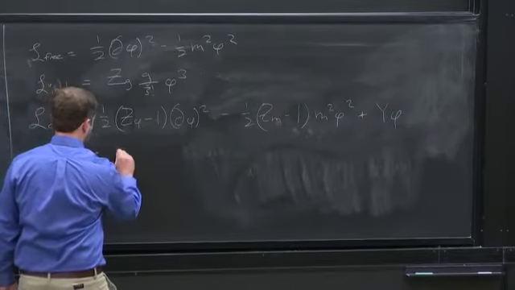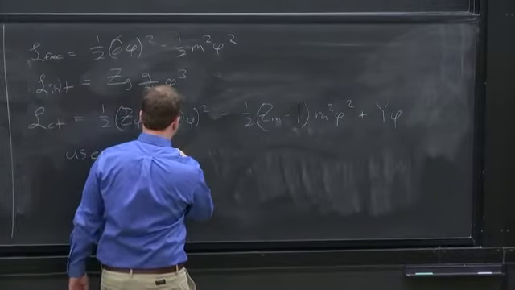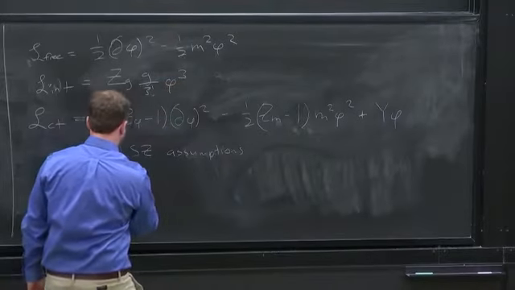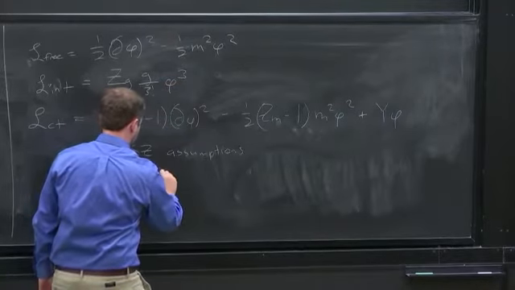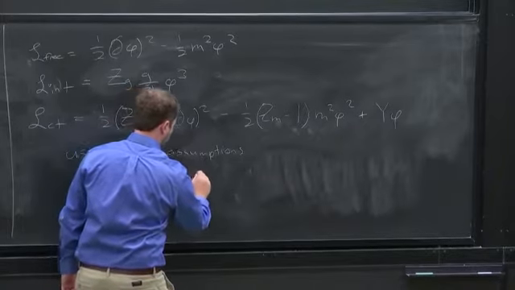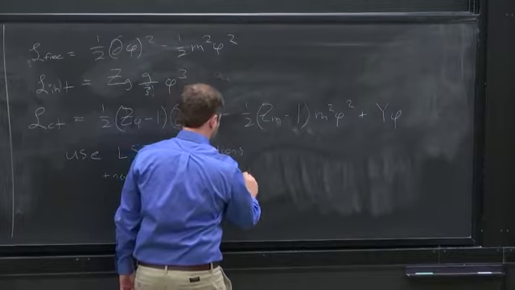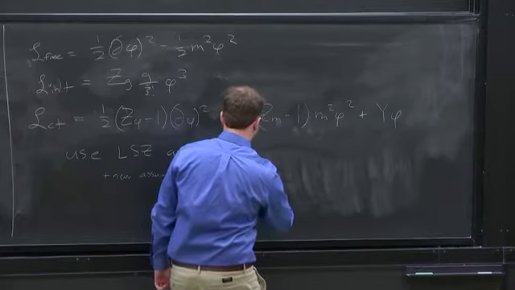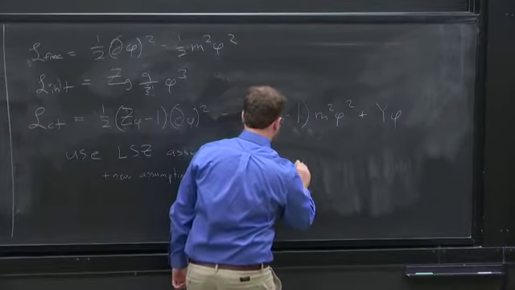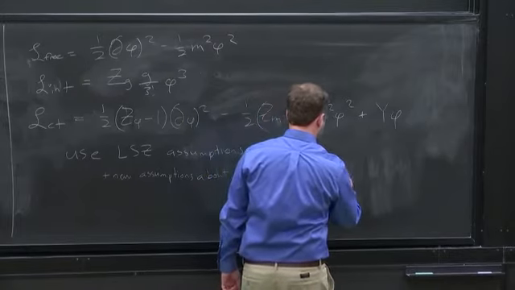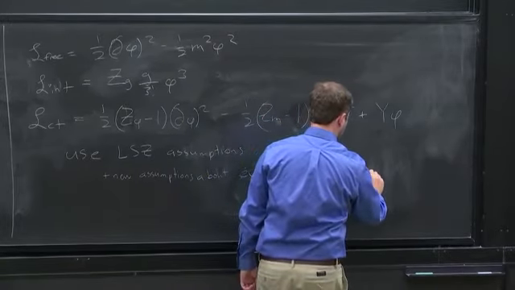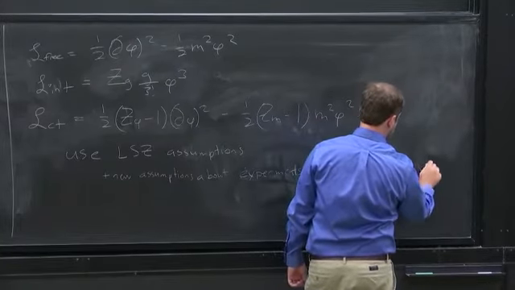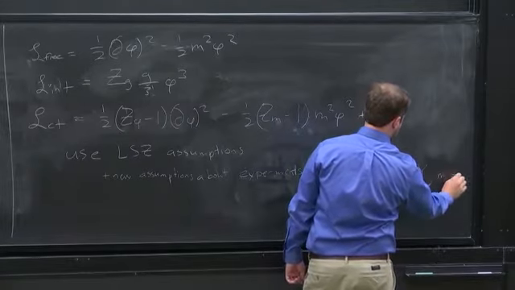So we'll use LSZ assumptions plus new assumptions about the relationship of experiments to determine our parameters, the Z's, Y, as well as m and g.